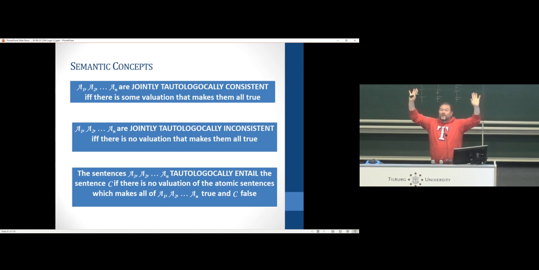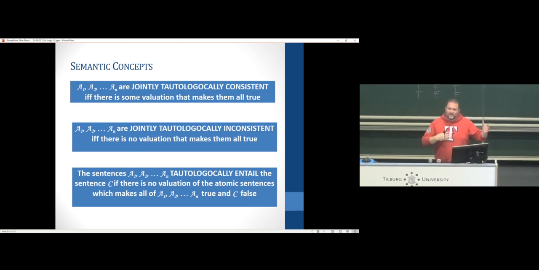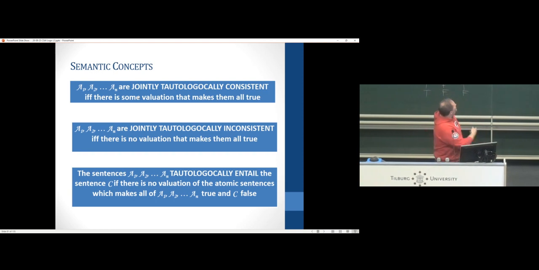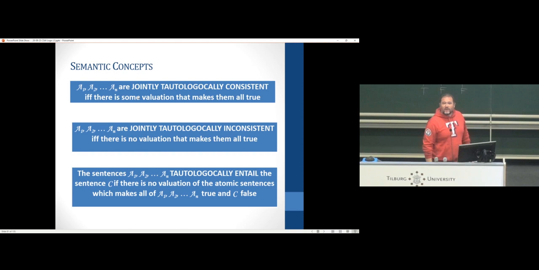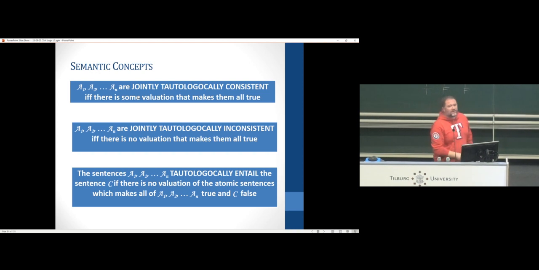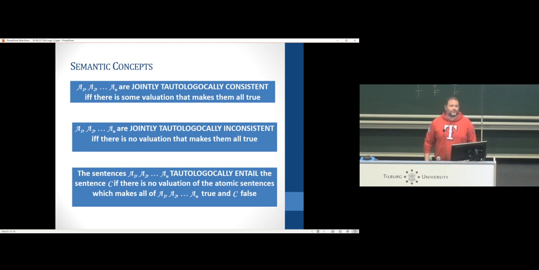This should be ringing alarm bells, right? This is very similar to joint consistency that we talked about in lecture 1. But instead of just a general notion of possibility, we've defined it in terms of evaluation. Similarly, some sentences are jointly tautologically inconsistent, if and only if there's no valuation that makes them all true.